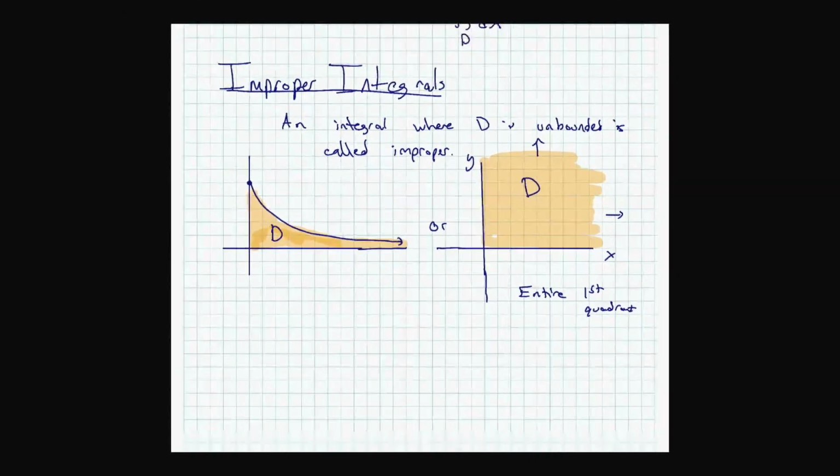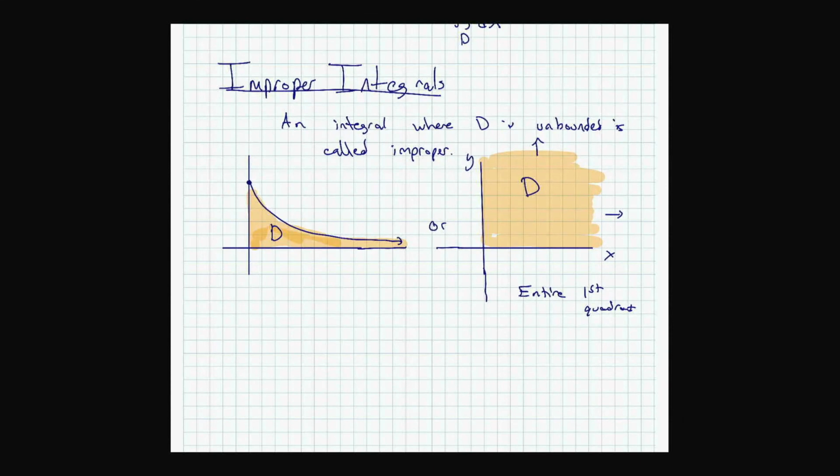So regions like that are called improper. In order to calculate them, you have to use limits basically.